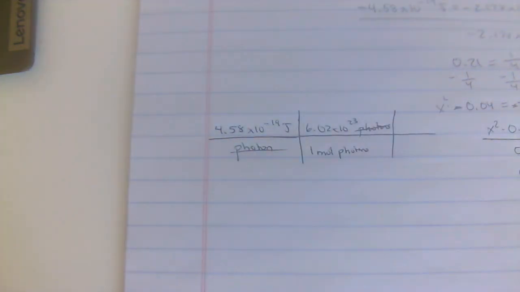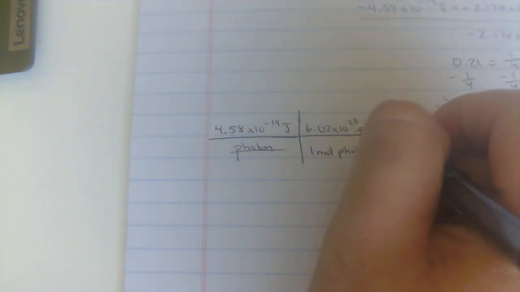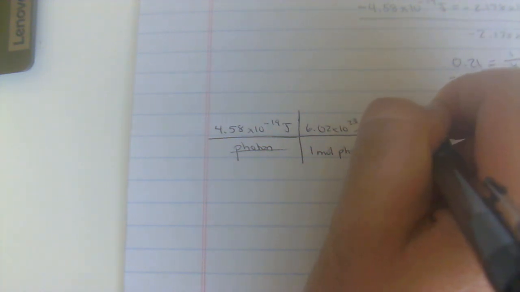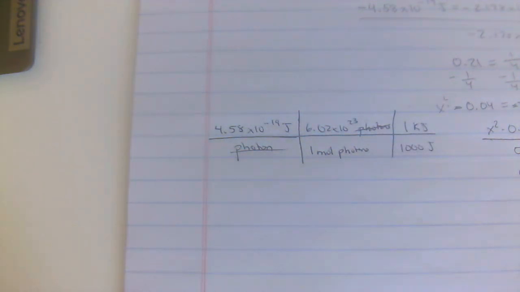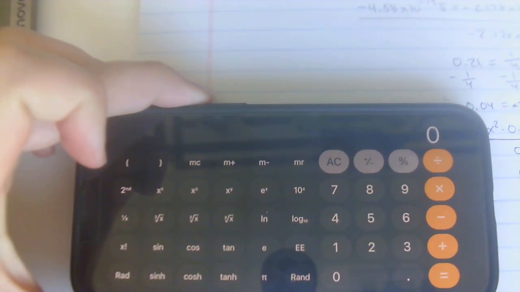That's just Avogadro's number. Remember, that's how many things are in a mole. So your photons are going to cancel. And then we want kilojoules, so for every 1,000 joules you get 1 kilojoule. So we're ending up in kilojoules per mole of photons. That's going to be the number that you want. Let's see what we get.